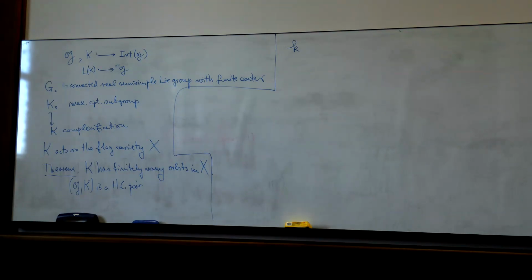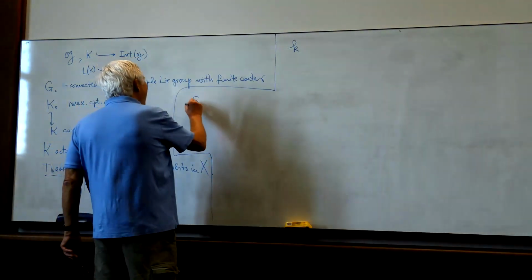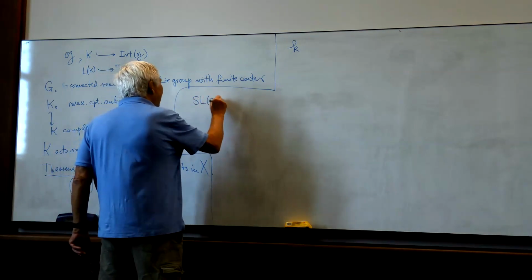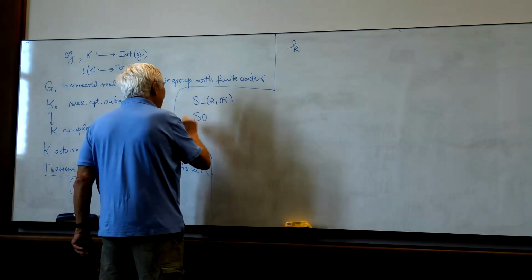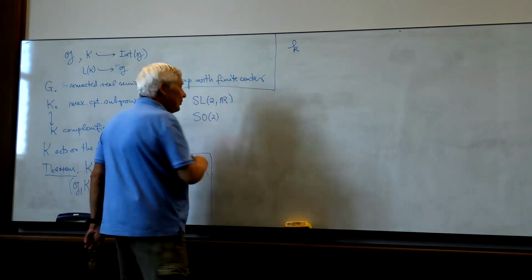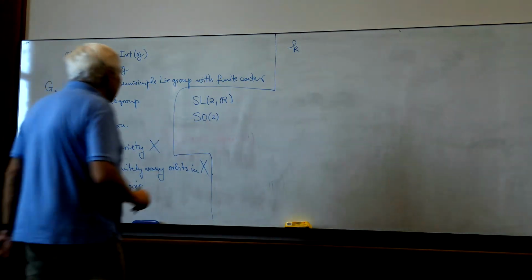Say SL2(R), and the maximal compact subgroup is, say, SO2.